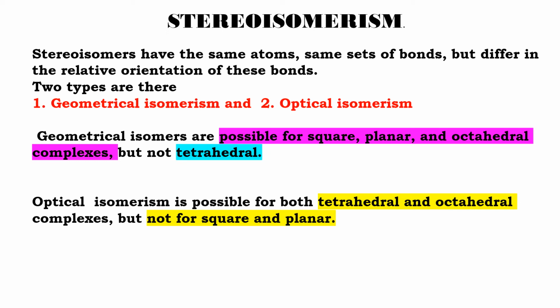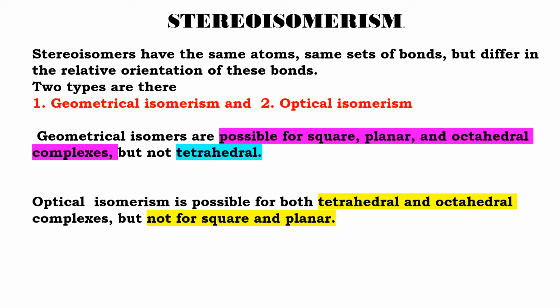Now moving to the second part, that is stereoisomerism. As I pointed out earlier, stereoisomers are isomers having the same molecular formula but different spatial arrangement. That means stereoisomers have the same molecular formula and the same structural formula.